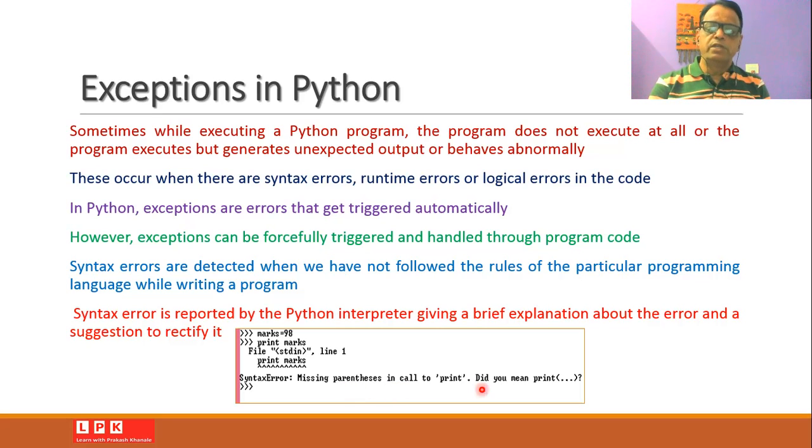It will also suggest whether I want to use print followed by the bracket. So the user can easily understand exactly what the syntax error is, and according to the suggestion, make corrections in the statement. Once it is rectified, you can get the corresponding output.